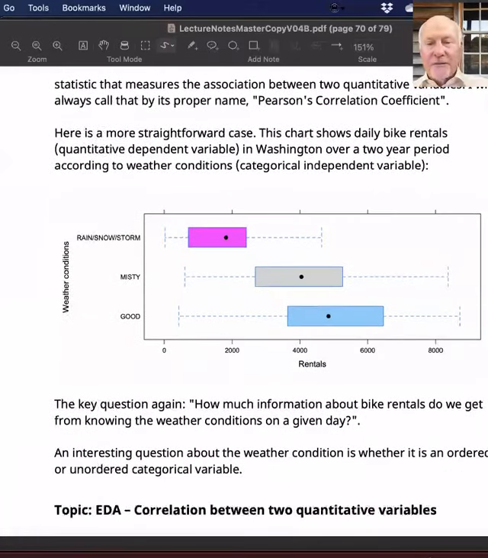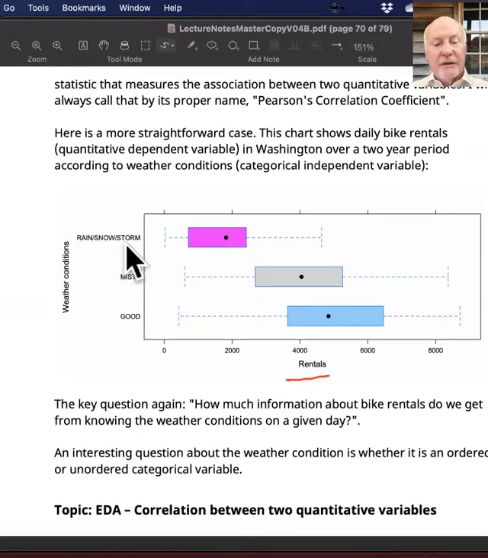Here's another case. This is from a data set we're going to look at in a moment, which was 2 years of data from Washington of bicycle rentals. What these three box plots show you is the number of bike rentals per day depending on the weather conditions. So the dependent variable is the number of bike rentals per day, and the independent variable, the predictor variable, is the weather conditions.